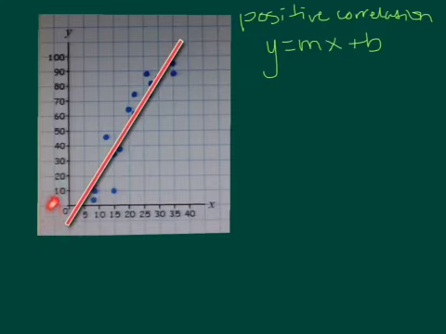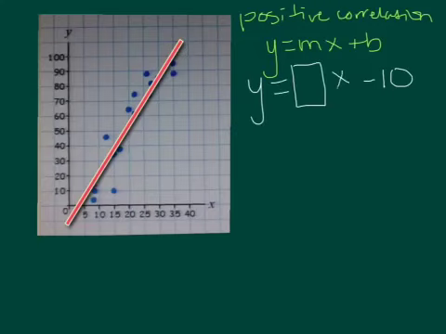Now this graph counts by tens. So going down, it looks like this line of fit line that we drew crosses at -10. So that'll be our b value. So we have y equals something x minus 10, or we could say plus a -10.